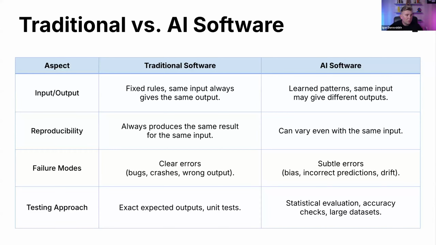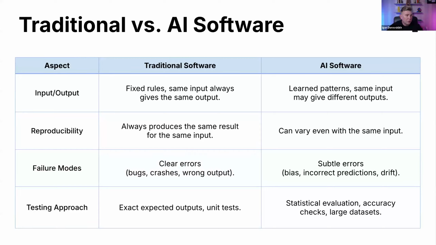Failure modes: clear errors in traditional testing, right? That's how you file bugs. You can put crash reports and logs. But in AI testing, it's subtle errors, bias, incorrect predictions, drift. How do you test for that?